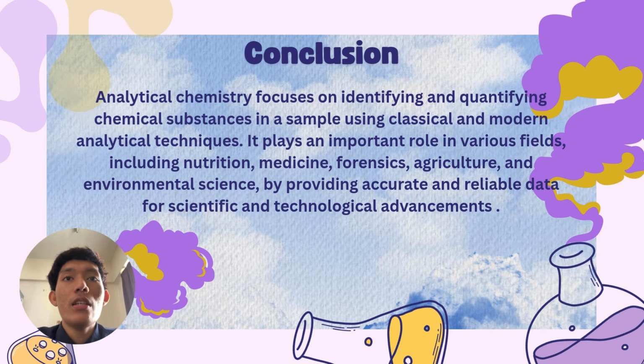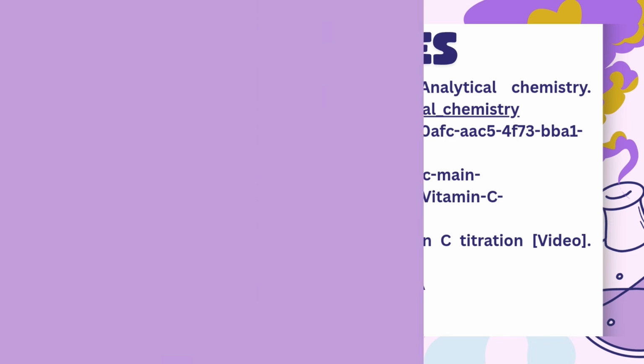In addition, analytical chemistry involves data analysis and chemometrics to ensure that the results obtained are accurate and reliable. The applications of analytical chemistry are extensive, covering areas such as nutrition, medicine, forensic science, agriculture, and environmental science. Therefore, analytical chemistry plays a vital role in helping scientists obtain accurate information about the composition of substances and supports the advancement of science and technology in the modern world. That's all. Thank you.